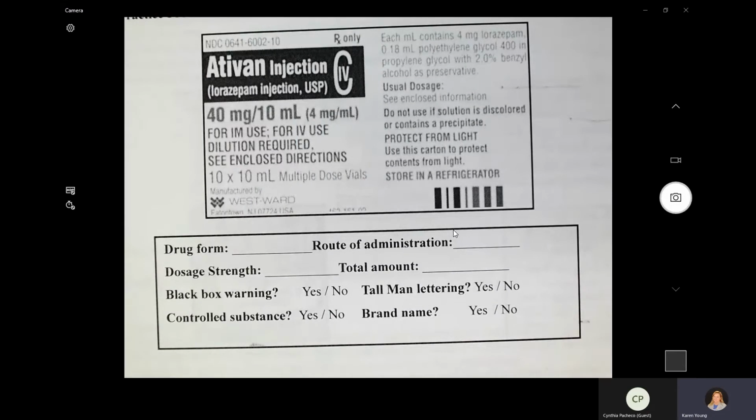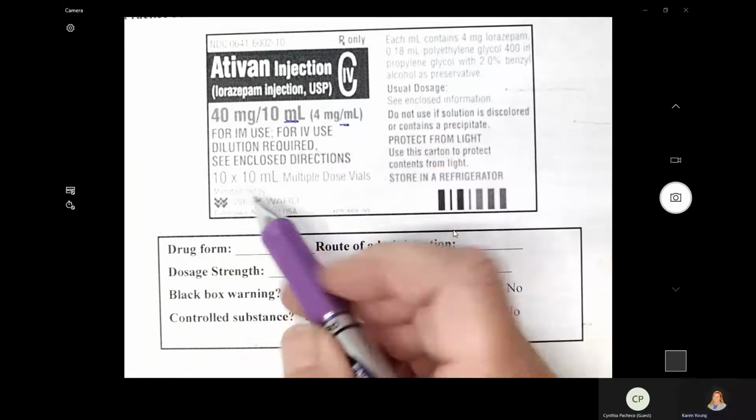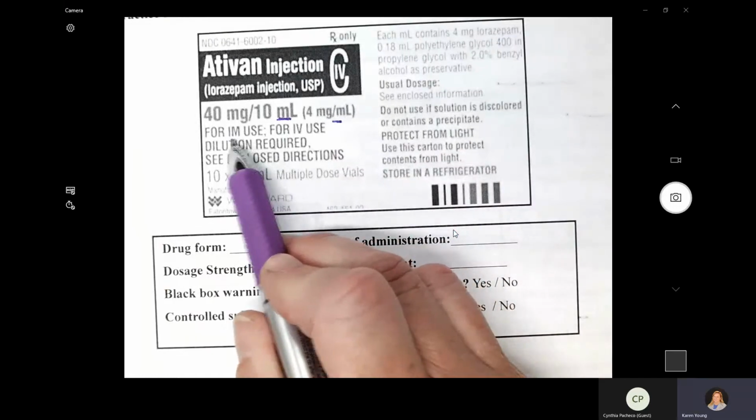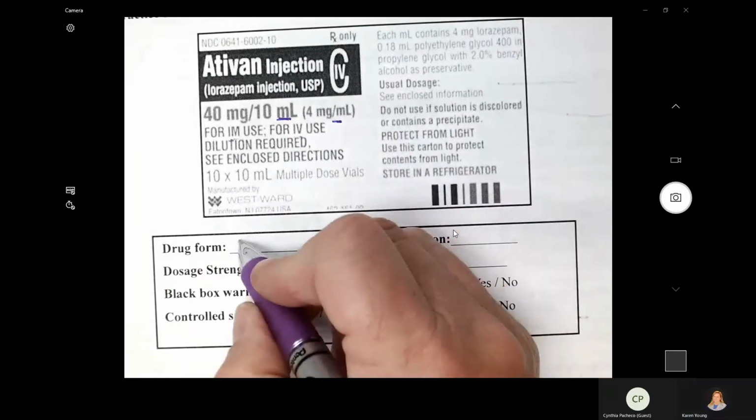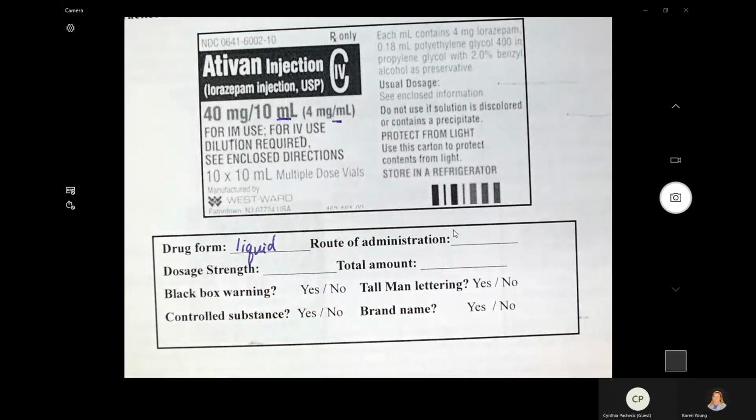There's a couple of hints. It doesn't come right out and say it. If it's given in milliliters, or if it's for an IM or IV use, then my dosage form is generally going to be a liquid. Because in order to give an injection, it has to be a liquid.